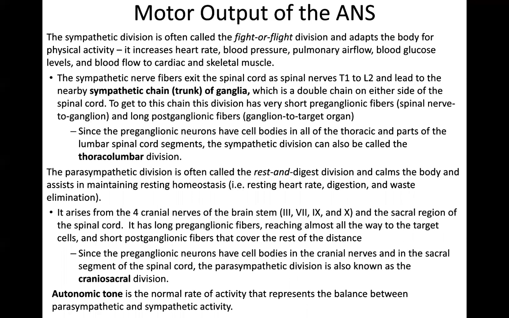There's a third, enteric, but the two majors that we talk about at this point in the semester are the sympathetic and the parasympathetic.